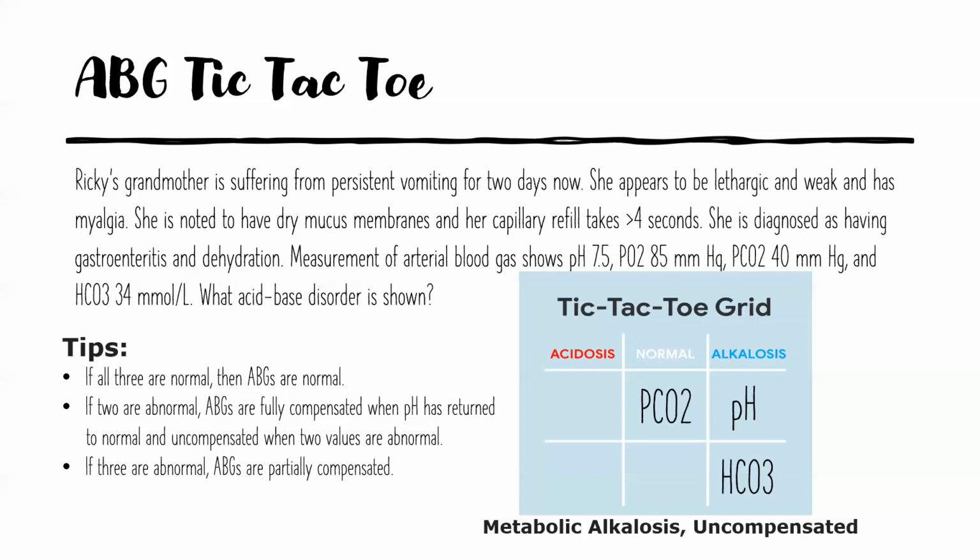In this case, the pH is not normal; it is alkalotic. So it's uncompensated when two values are abnormal, and yes, we see that two values are abnormal, the pH and the bicarb. If three are abnormal, the ABGs are partially compensated. So in this particular case, Ricky's grandmother is suffering from metabolic alkalosis, which is uncompensated.